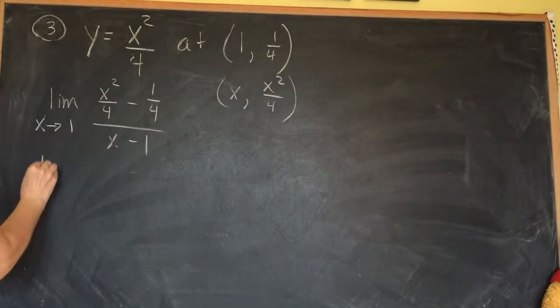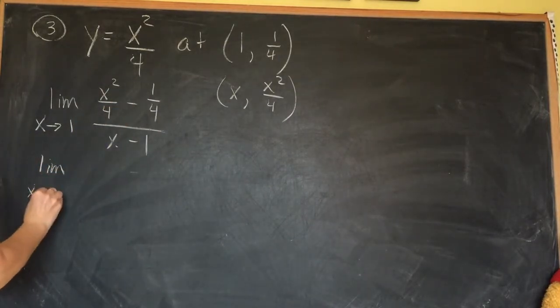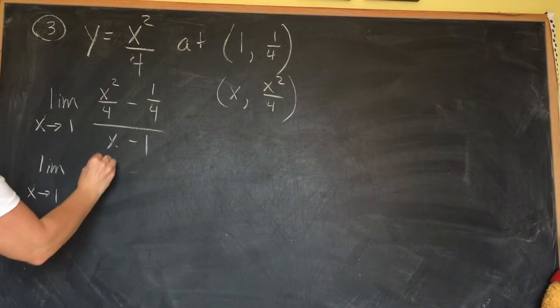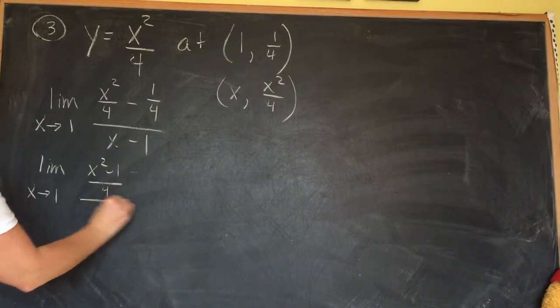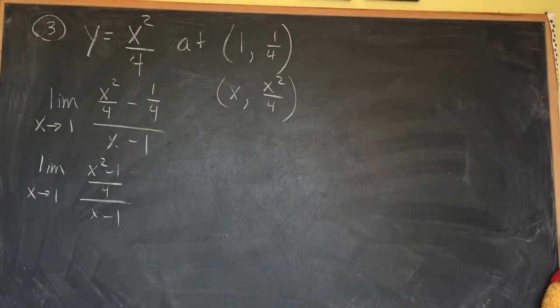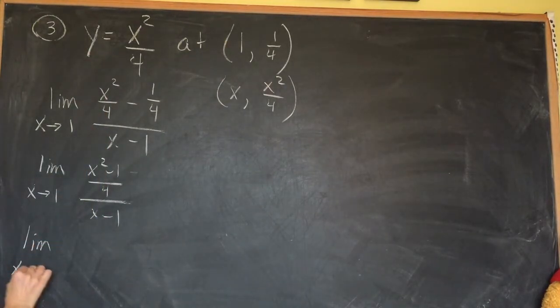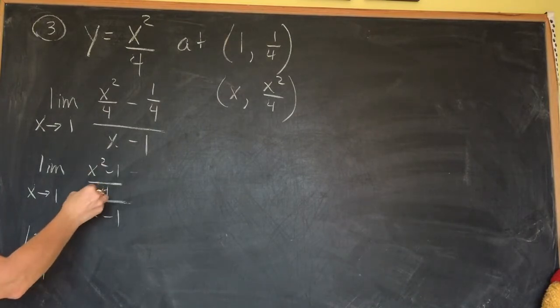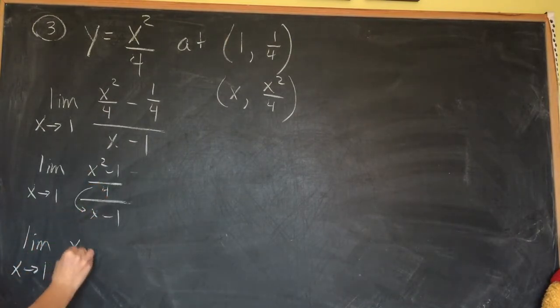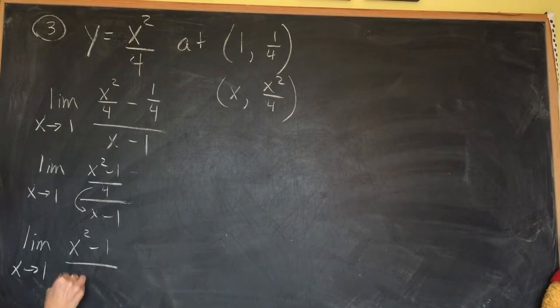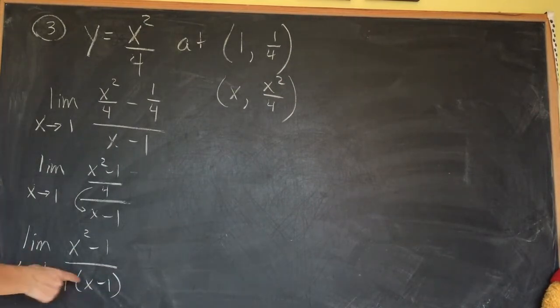Well, this is really, the limit as x approaches 1 of x squared minus 1 over 4, all over x minus 1. And then I can push that 4 into the denominator. So now it's really x squared minus 1 all over 4 times x minus 1. If I plug 1 in here, I get 0, so that's bad.